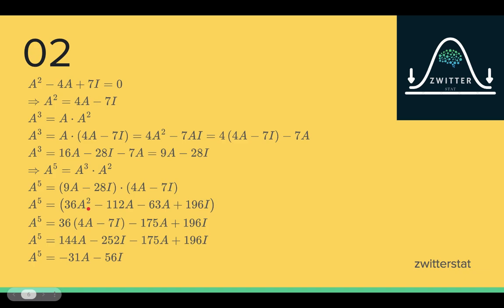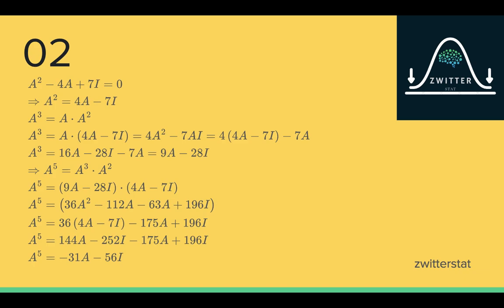So now I will replace A square with 4A minus 7I, and after solving this expression we will get minus 31A minus 56I. So you can clearly see how tedious it would have been if I had to multiply A to itself 5 times.